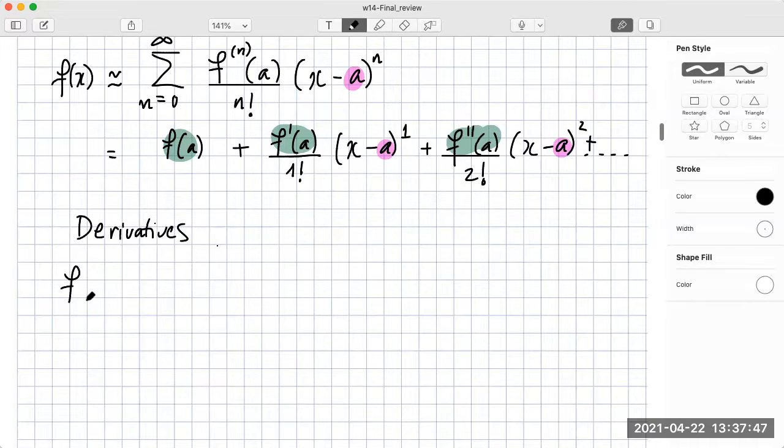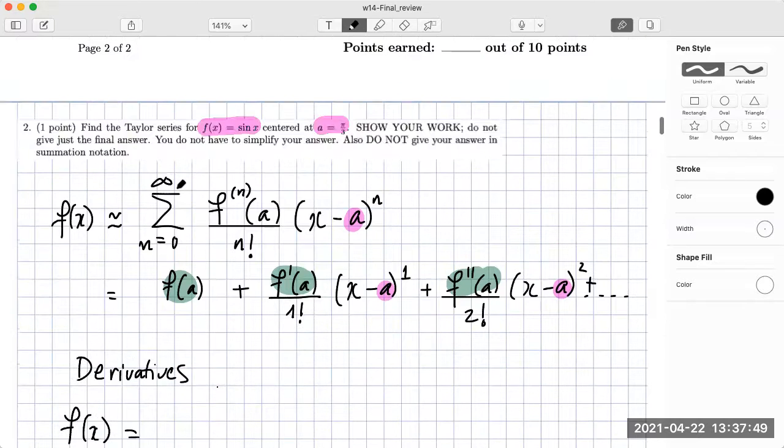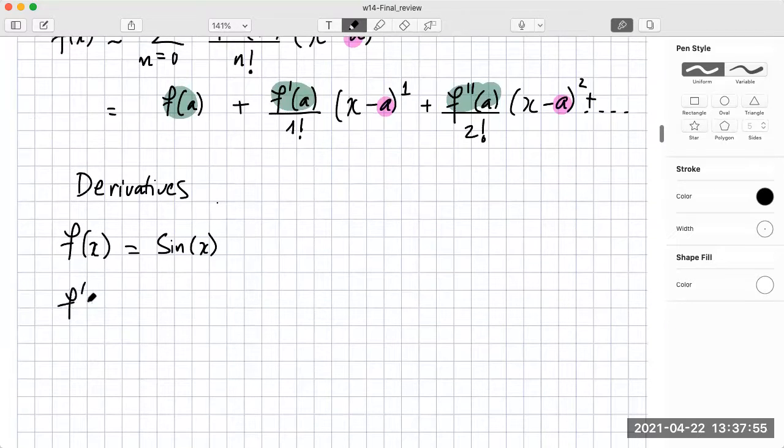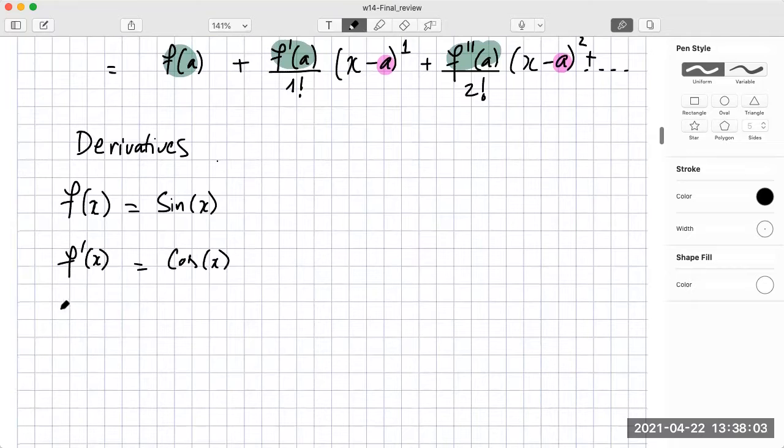First, we're given the function is sine of x. So what is the first derivative of this? Very good. Having the first derivative, we can compute the second derivative, which means the derivative of the first derivative, which is this one.